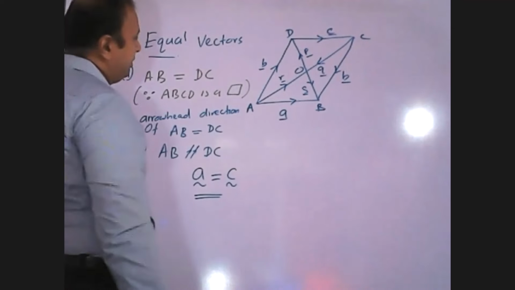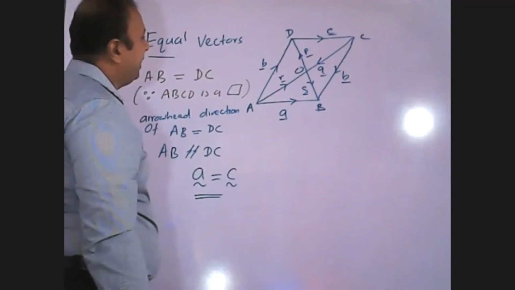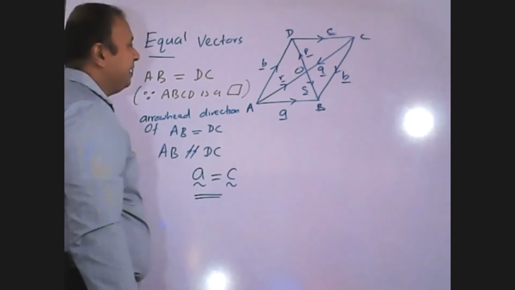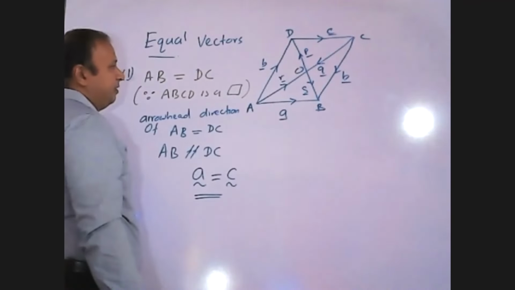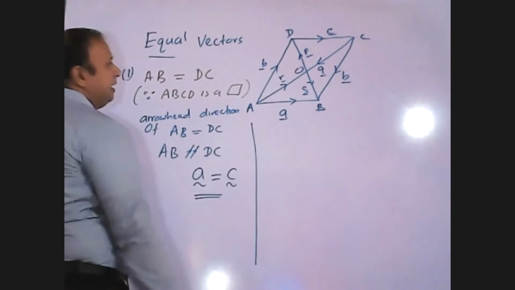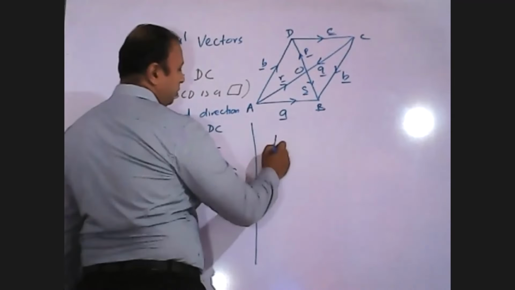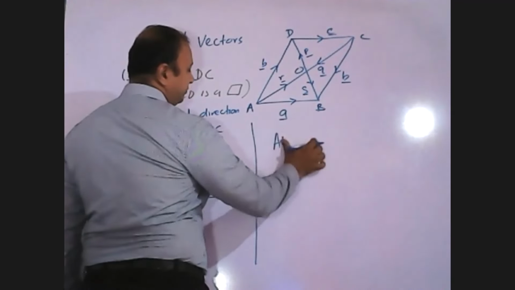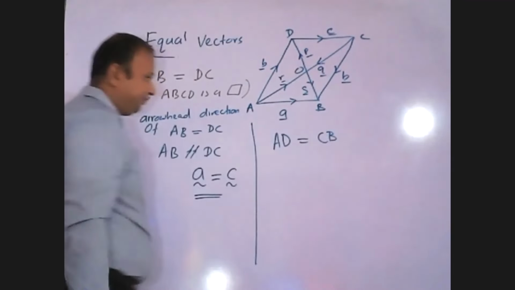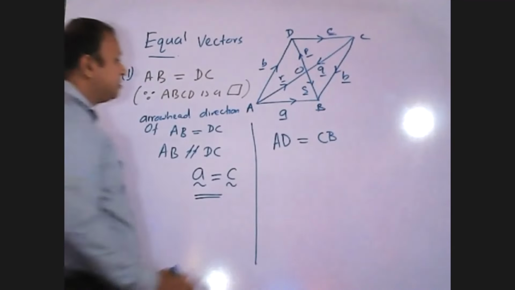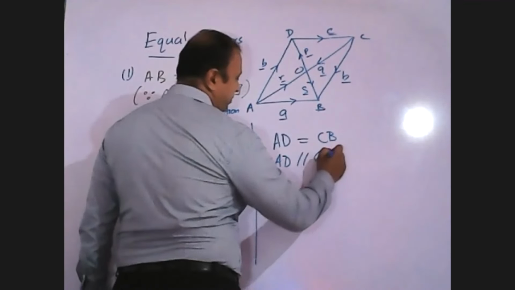Then again you can compare AD and BC. If I compare AD and CB, AD is equal to CB, and AD is parallel to CB.